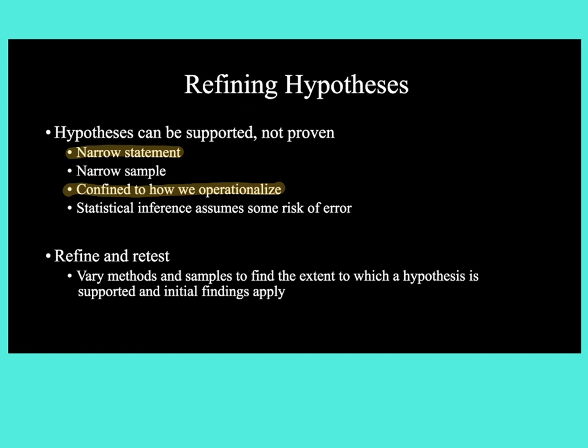Third, our results are limited to the sample we used. This is part of a concept called generalizing, which you'll learn more about later when we talk about validity and reliability. For now, we need to keep in mind that when we collect data from people, those data and the subsequent results are most applicable to those who are similar to the sample from which the data were drawn.